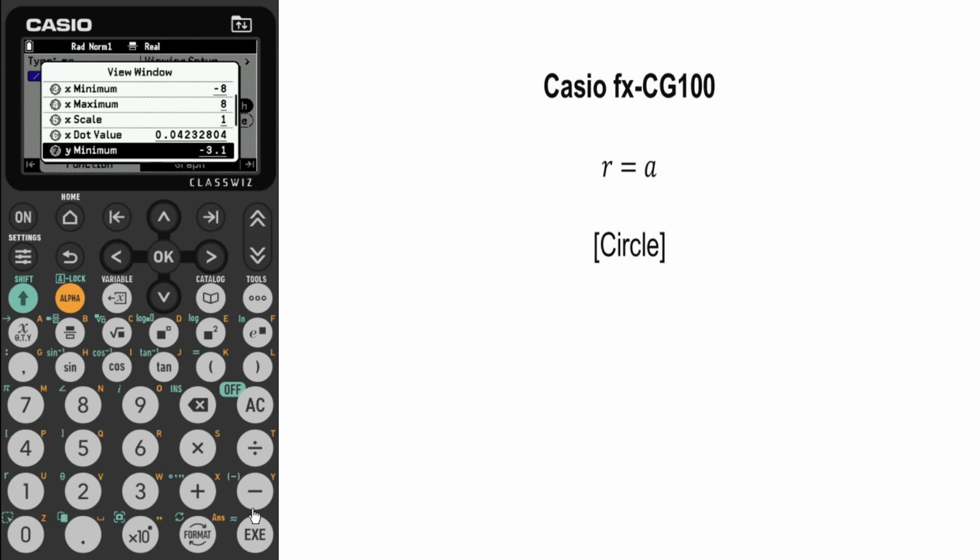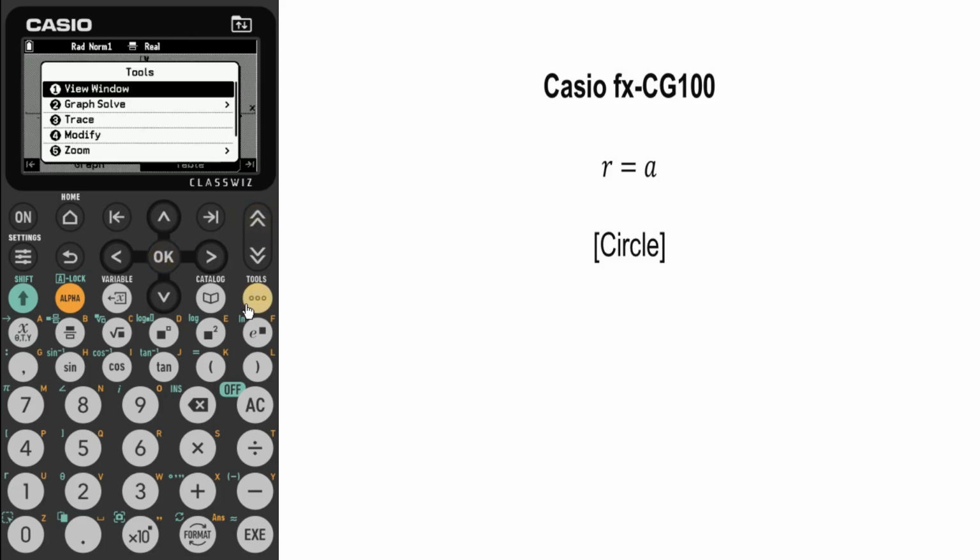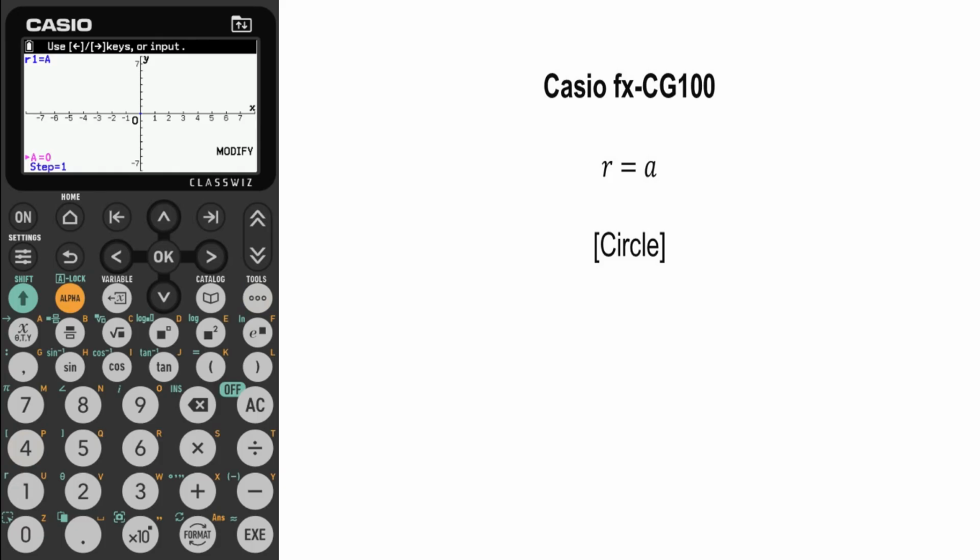Let's change the y minimum to be negative 8, the y maximum to be 8, and the y scale let's leave as 1. Let's draw the graph. Let's press tools, the fourth option for modify, and let's vary a.